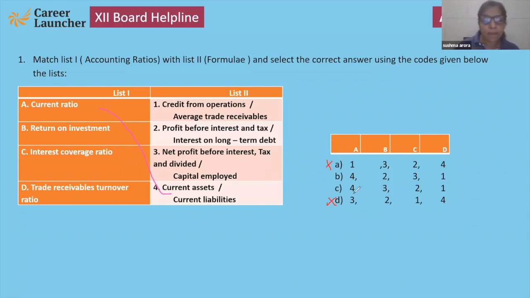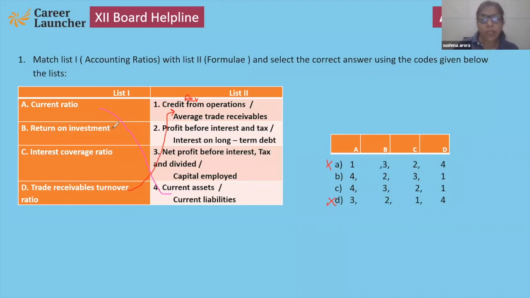Now second, you clearly know that trade receivable turnover ratio is credit revenue from operations upon average trade receivables. So D will be 1. Again you have the same choice, so you have a tie between B and C. The first option is also similar, and the last option is also similar.